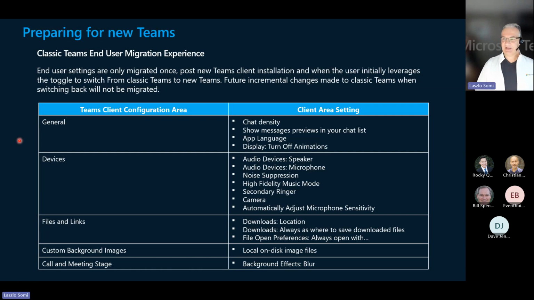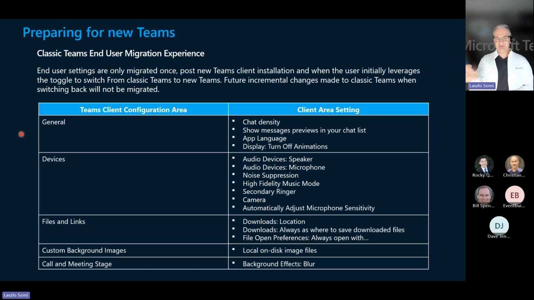Now let's talk about how you prepare for this new Teams client. Classic Teams end user migration experience: what can we do? There are several settings areas which we migrate to the new Teams client. A subset of these user settings will be migrated once, when the user first runs the new Teams client.